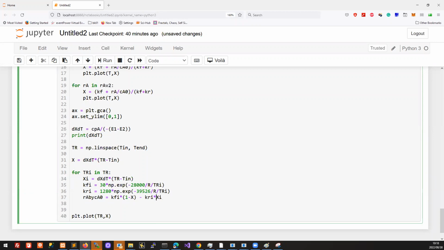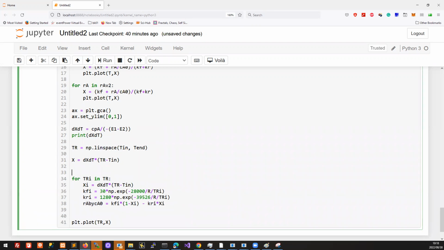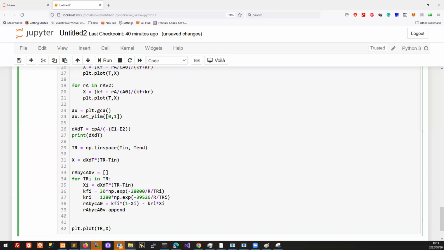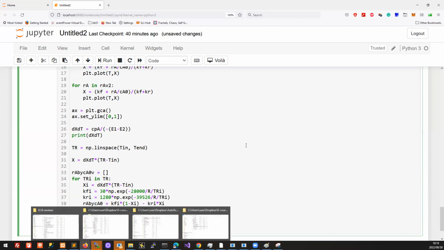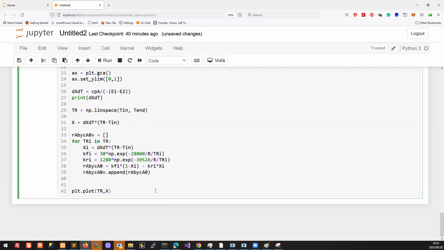So this is the R value, and what we want to do is store all these R values. So let's just make an array of this, and we'll append all these values into that array. So we want to append the scalar value. Okay, so that's what we wanted.